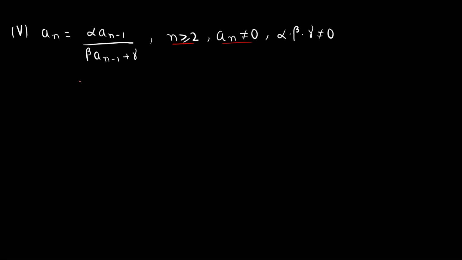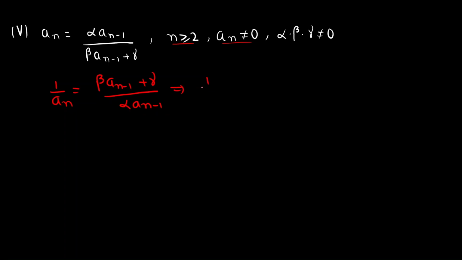Now in order to solve this, we'll make a clever observation. We'll take the reciprocal on both sides. We'll get 1 by an is equal to beta an minus 1 plus gamma by alpha an minus 1.